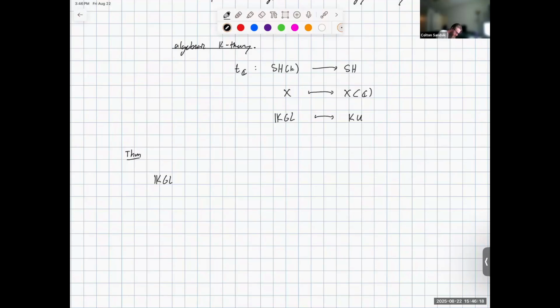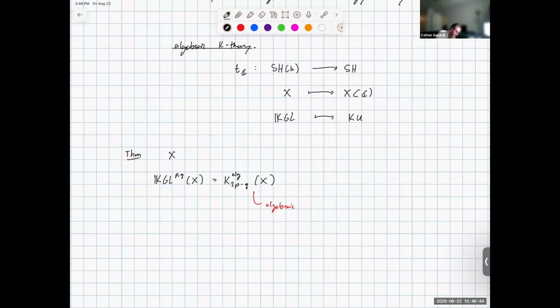I'm not going to define what algebraic K-theory is, but it's similar to the one we had for the higher Chow groups and motivic cohomology.